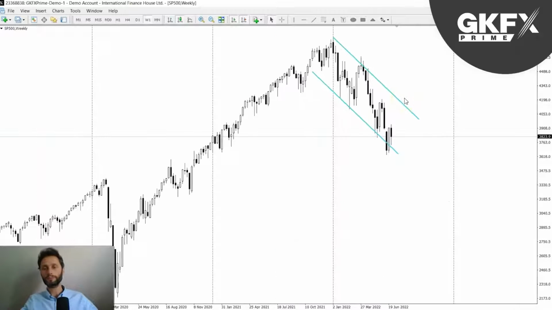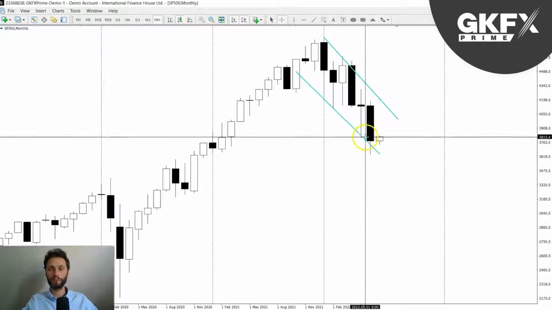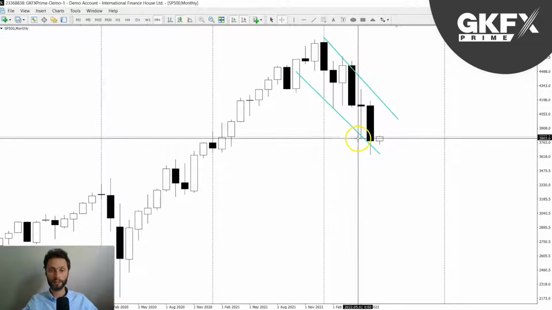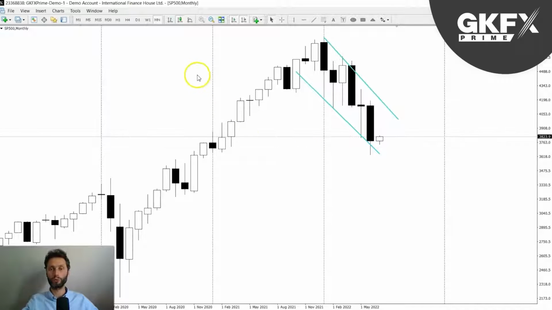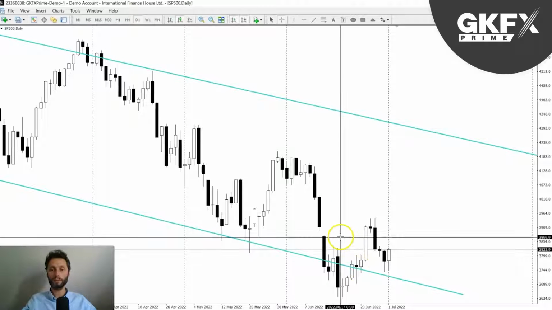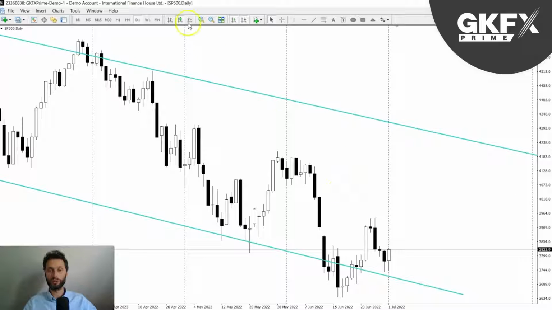Now let's see where we're at the moment, and is there a setup? Okay, last month closed bearish, below the previous month, and it closed below that price level, so that does show bearishness. So we're going to look for a pullback, and after the pullback, we're going to see if there is going to be a drop. At the moment, what I see is that we may be in the middle phase of this pullback.